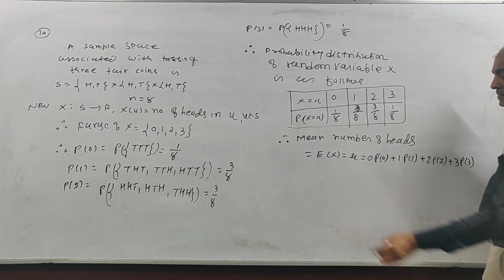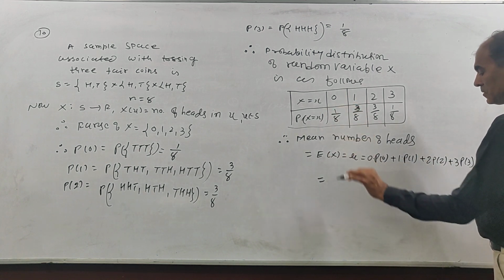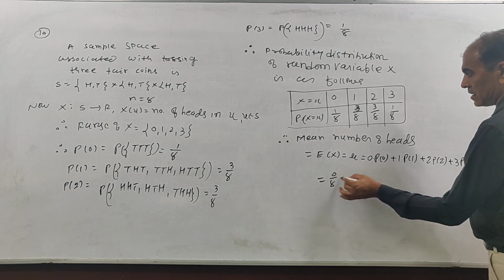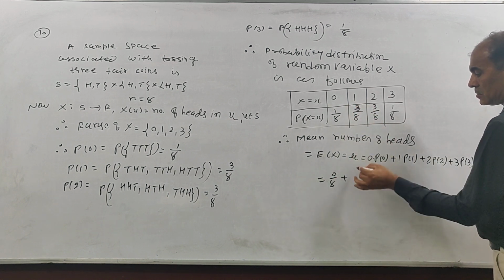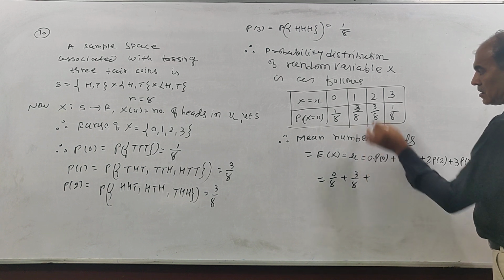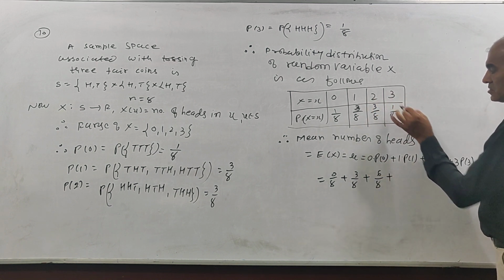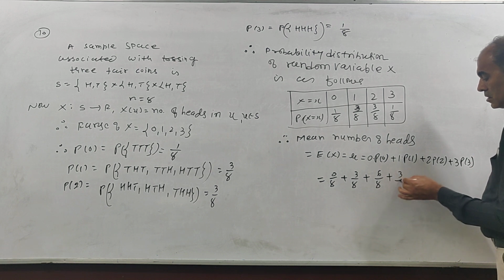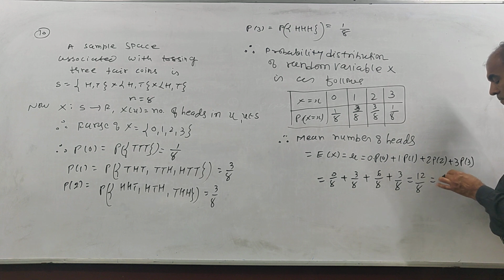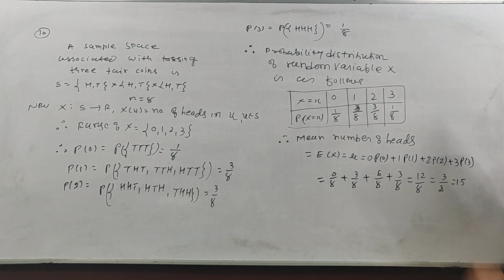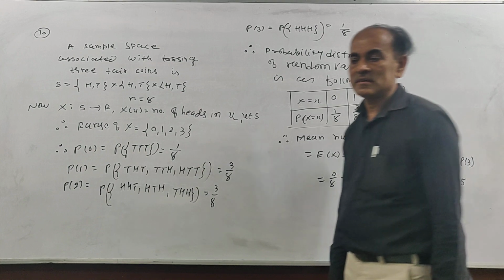Is it clear? Yes. 0 into p of 0, that is 0 by 8, 1 into 3, 3 by 8, 2 into 3, 6 by 8, plus 3 into 1, 3 by 8, that is equal to 12 by 8, that is equal to 1.5. Is it clear?